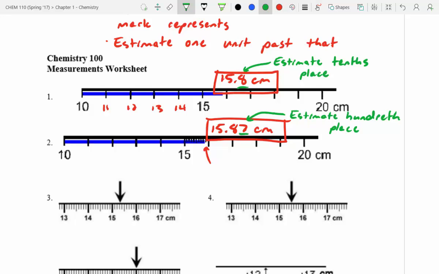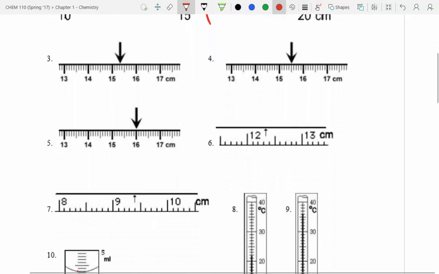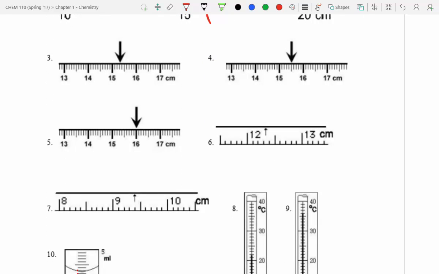Okay, let's go through and do 3, 4, 5, 6, and 7 with your partner or the person next to you and see if you guys are coming up with similar answers, and then we'll check as a class.